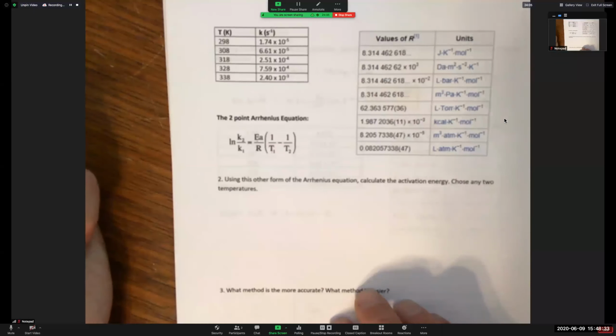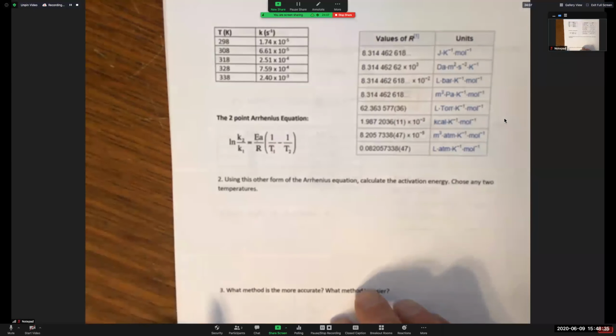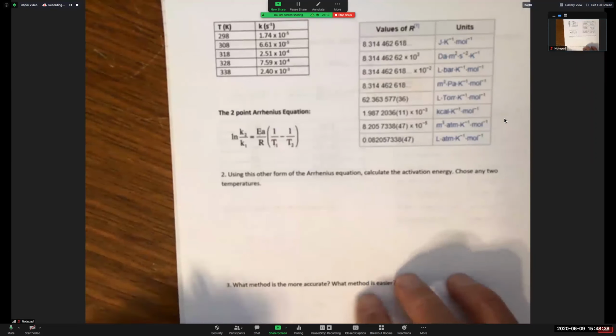So using this, we can also calculate the activation energy. What does that look like? Well, we still have to do some algebra.